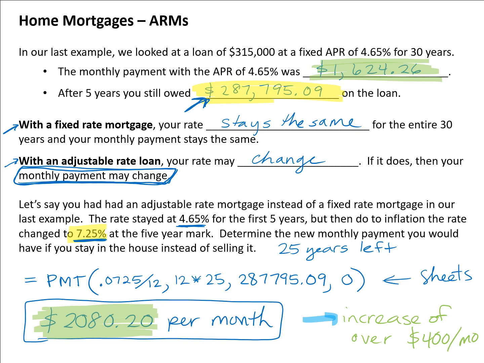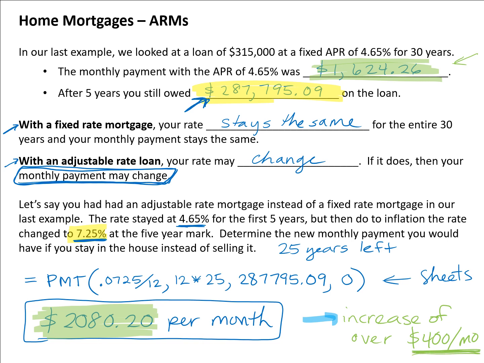That can be huge. If you have in your budget about $200 extra a month that you're putting into savings, and all of a sudden your mortgage payment jumps by $400, you don't have that $200 to put into savings, plus you're in debt by another $200.